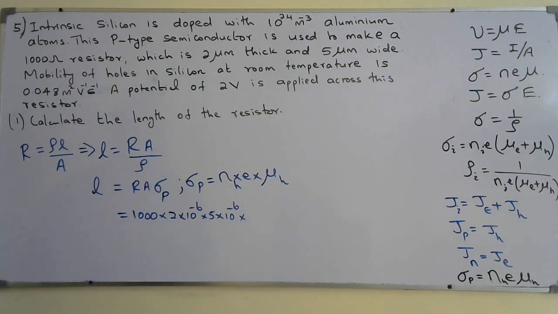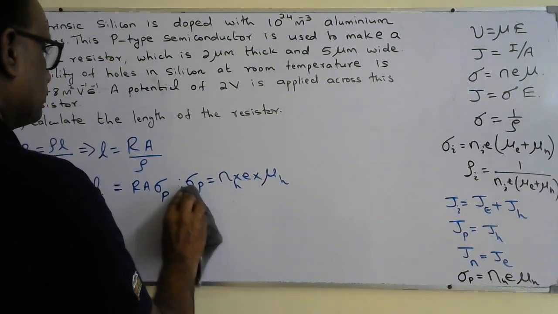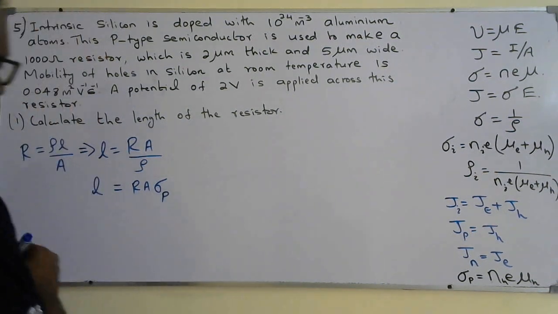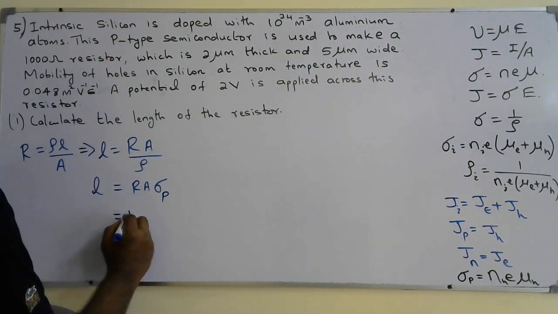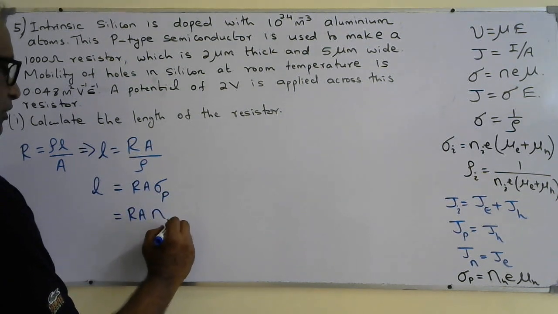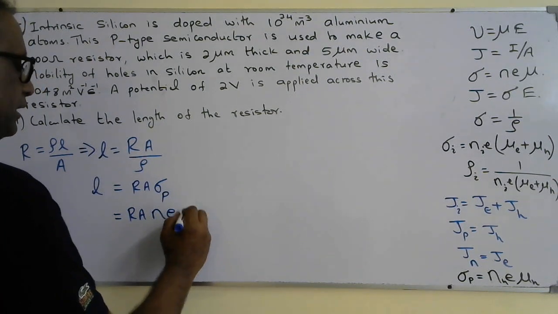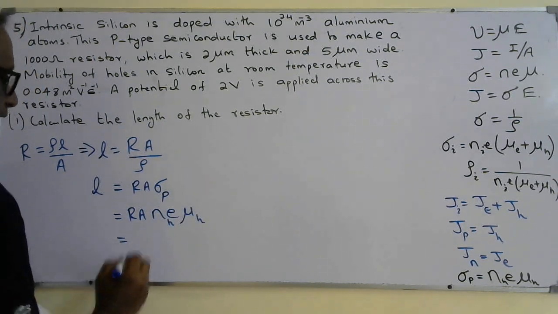So we need to substitute that instead of sigma P. I'll write it again here: L equals R A times, instead of sigma P, the number of holes or hole concentration, e times mobility of holes. Okay, if I substitute, I'll get the answer.